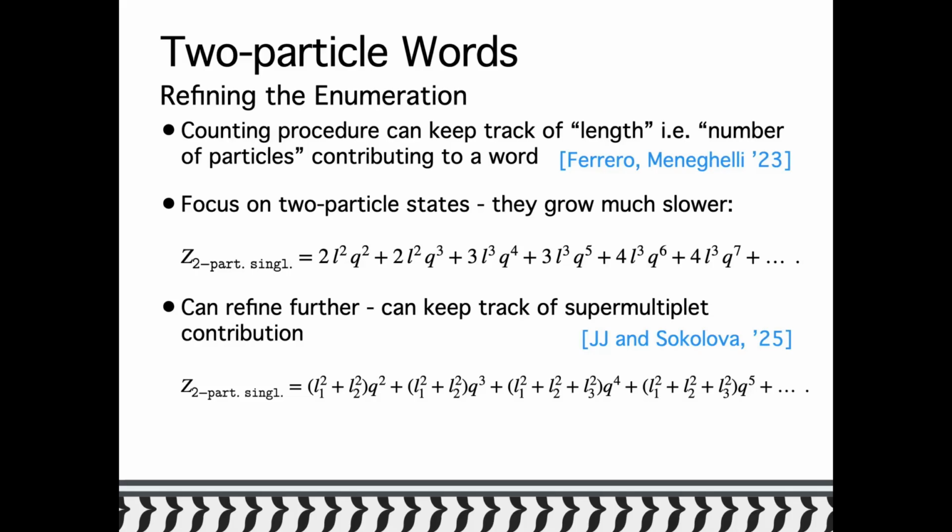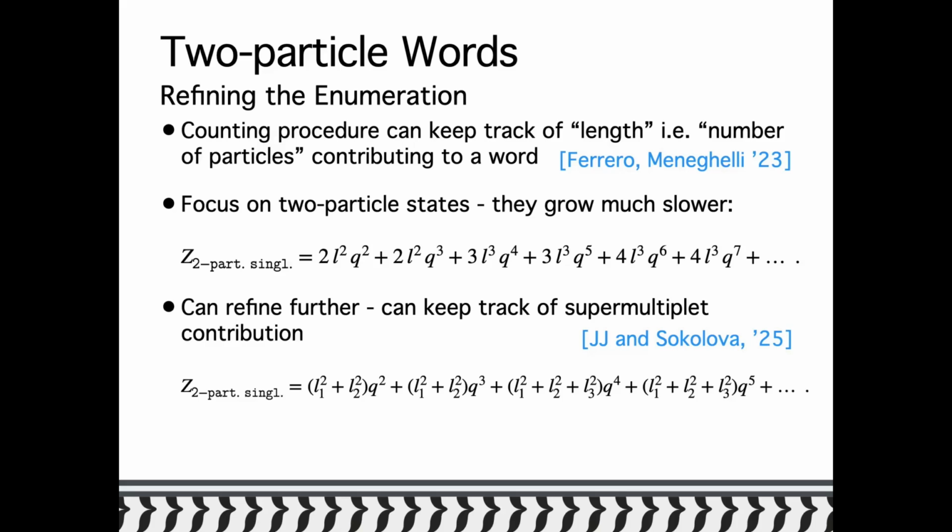And then with each supermultiplet we associate this fugacity L. So what this tells us is that at dimension 2, there are two words that we can make with exactly two particles. And these two words are the following. There is one word which has two elements of one particular supermultiplet associated with the fugacity L1. And the other word has two elements of, again, one supermultiplet associated with the fugacity L2.